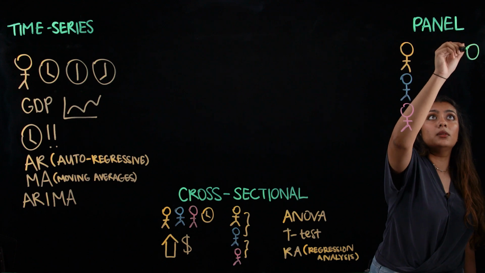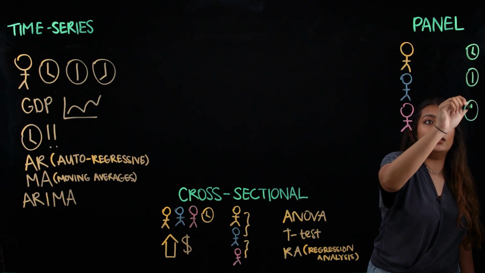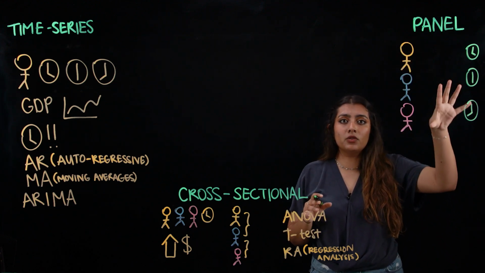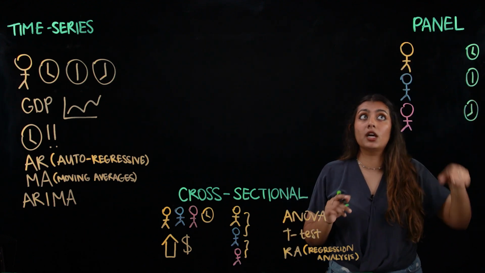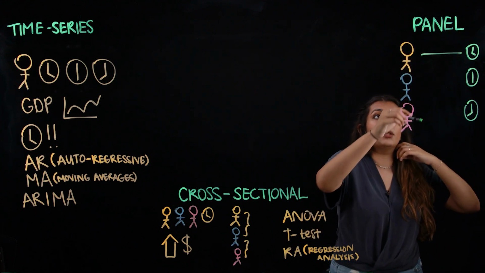So we're going to look at them from 4 o'clock, 6 o'clock, and 8 o'clock. And we are looking at each of those individuals at each of those times. So I'll draw kind of like a tree to symbolize what that means.